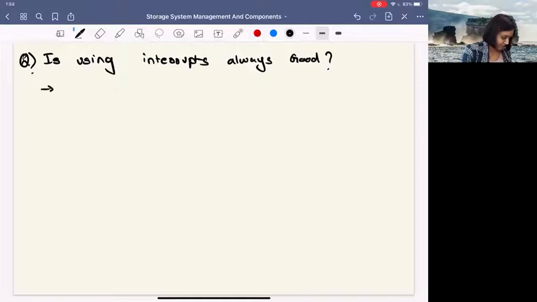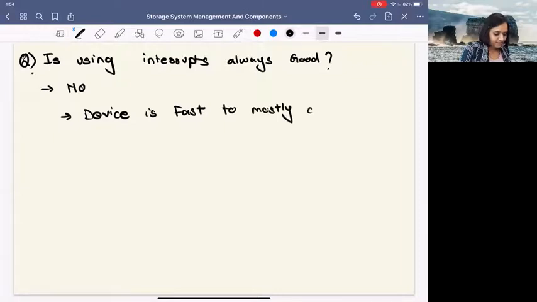No, in one word answer. Why no? Well, think of a scenario if the device is fast enough to mostly complete its tasks by the first poll.